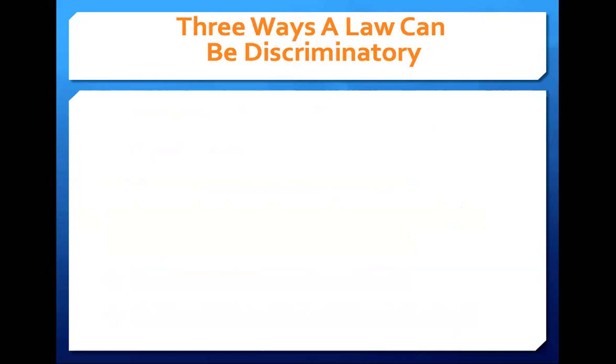And so what we did see from our readings is how there are different ways a law can be discriminatory. First of all, and most simply, the law can be discriminatory on its face. By the very terms of the law, it gives either an advantage to in-staters or a disadvantage to out-of-staters.